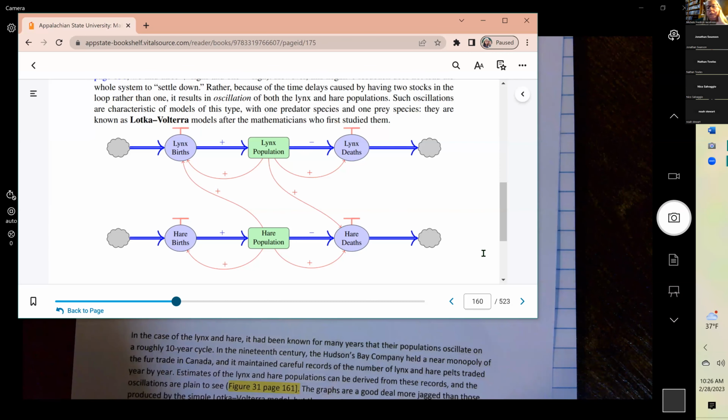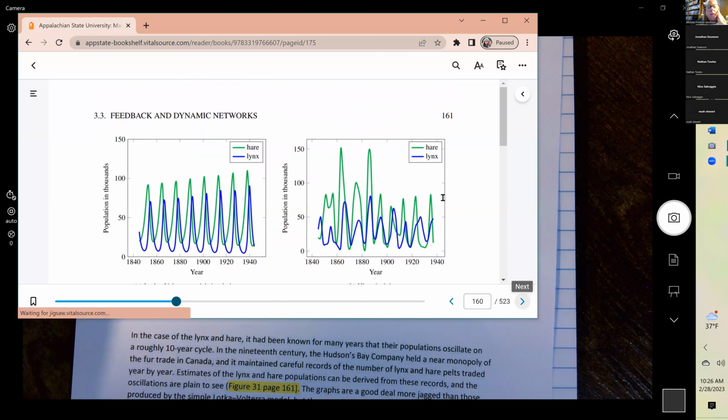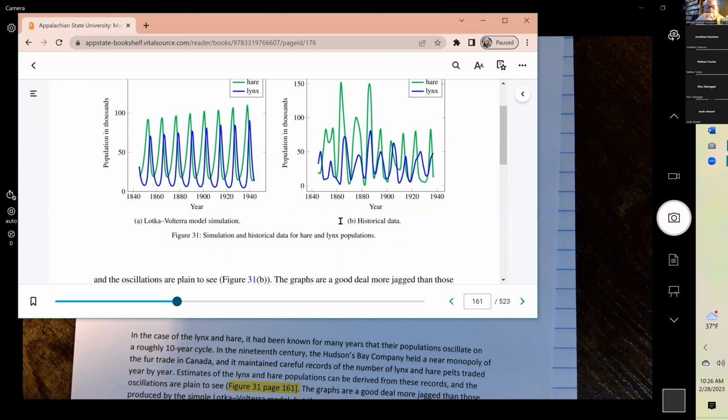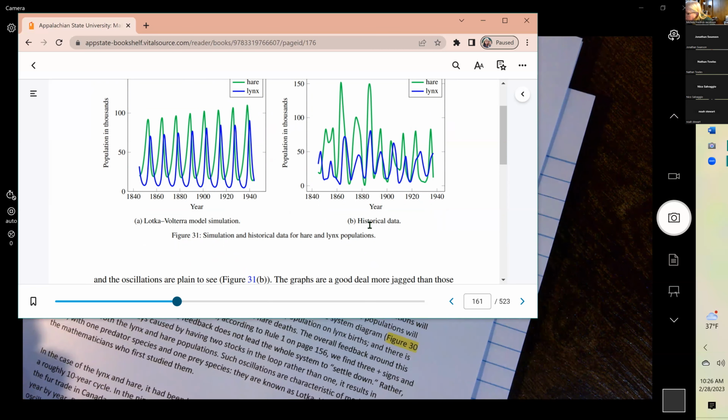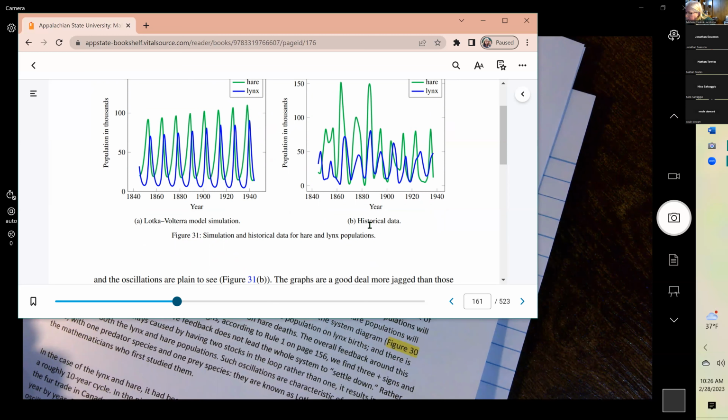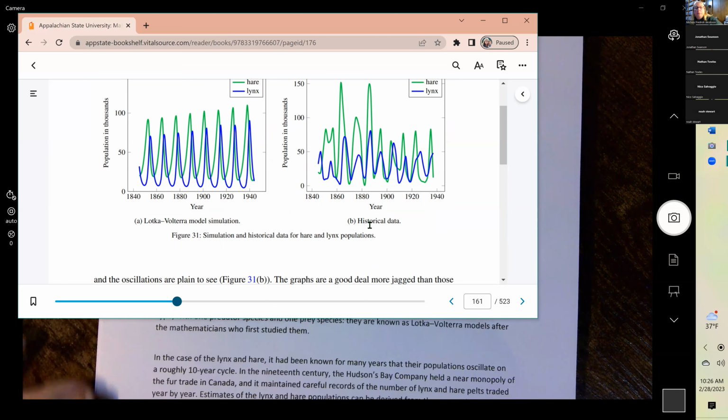On page 161. They kept track of this. I forget, Lotka and Volterra, they simulated what it should be, and then the Hudson Bay Company kept track because of the fur trade.